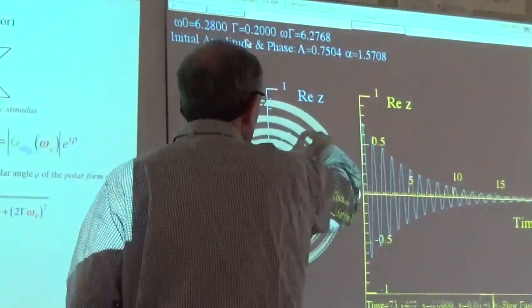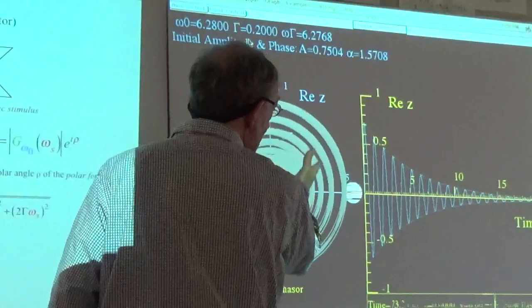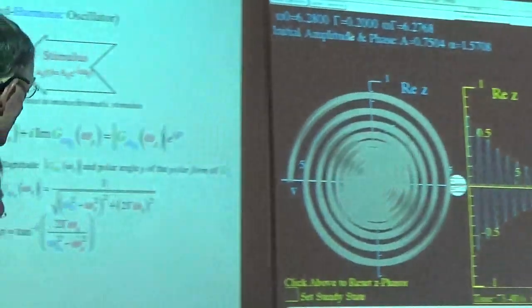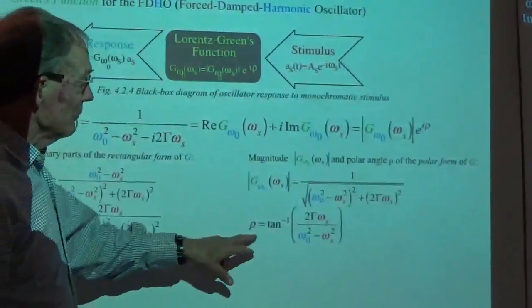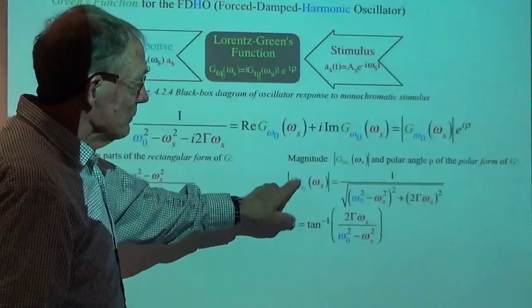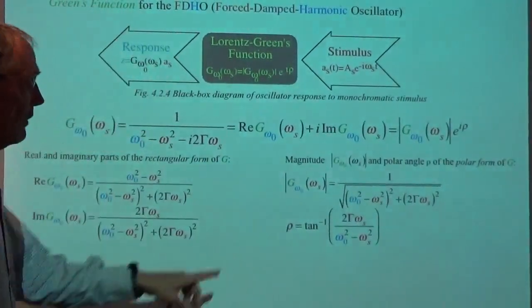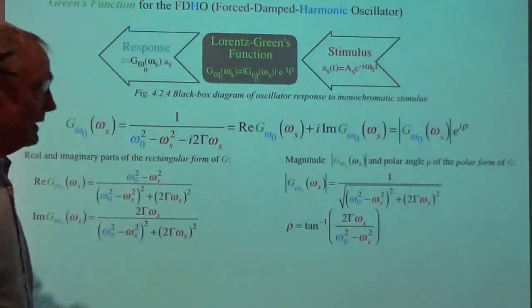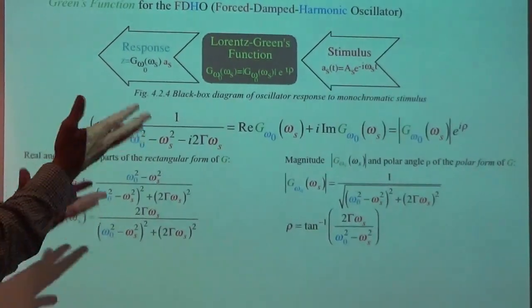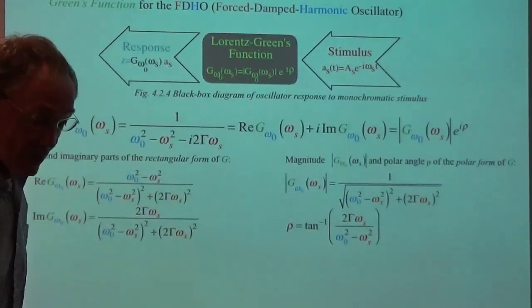I can measure the amplitude and the angle. So this is the polar way of doing it. And then there's an angle associated with this Green's function. And that's called the phase lag. And I'll explain what that is by showing animations and comparing it to what this does with the mathematics.